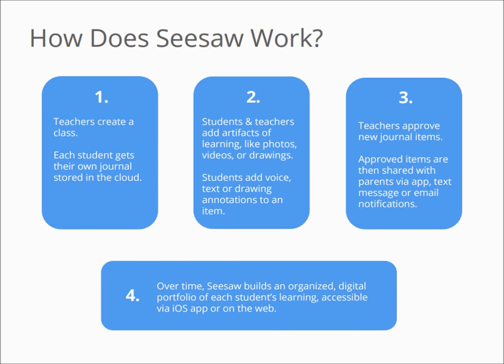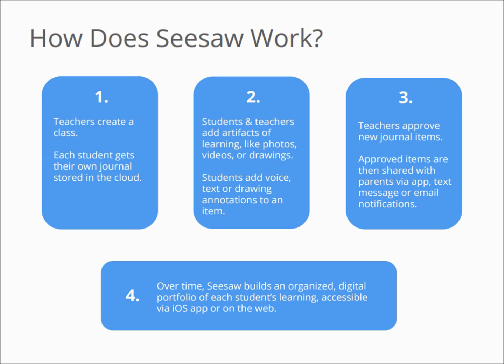So how does Seesaw work? Well, first, teachers create a free account and create their classes within Seesaw. Each student gets their own journal, which is essentially stored in the cloud. Next, students and teachers log into Seesaw and begin adding artifacts of learning, like photos, videos, or drawings.